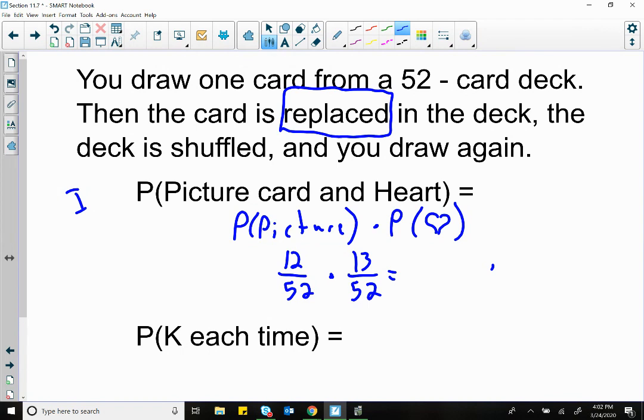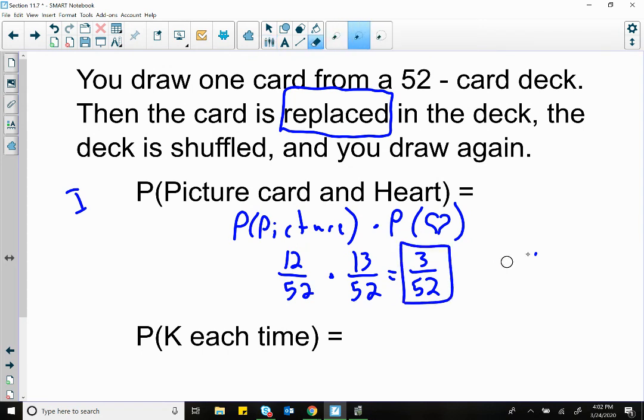So all we need to do is put in 12/52 times 13/52. And we get 3 out of 52 as our probability. See, not that hard. You just have to remember about a deck of cards, though.